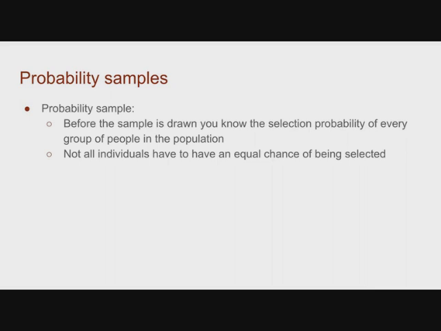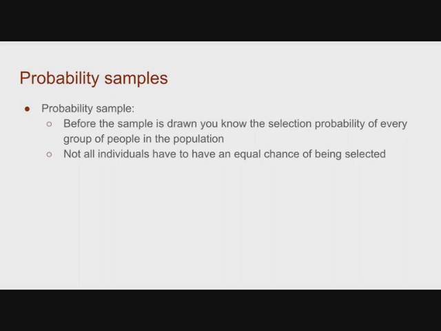Because in surveys, this happens a lot, where you have groups that are just reluctant to do surveys, and they tend to be underrepresented. So when you're drawing from your population, you may want to weight those groups more heavily to get a fair representation of what the actual population is.